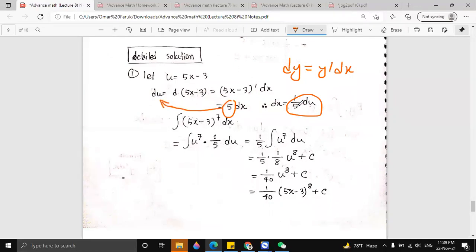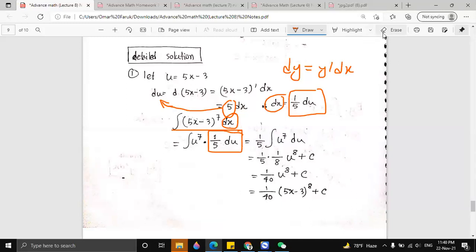So you will get du by 5. So now this was our main function, and in place of dx we can write 1 by 5 du, right? Here it was dx, so I just wrote 1 by 5 du.